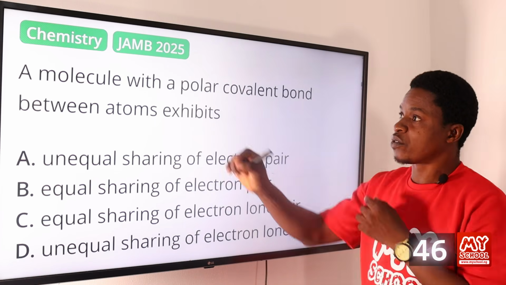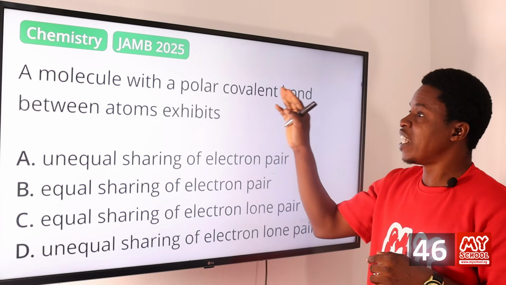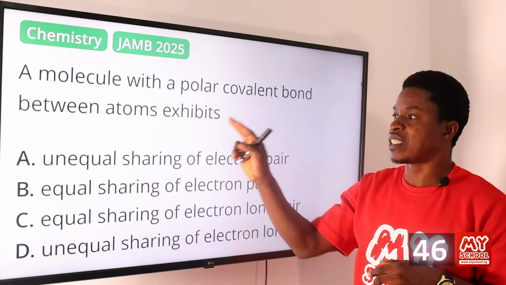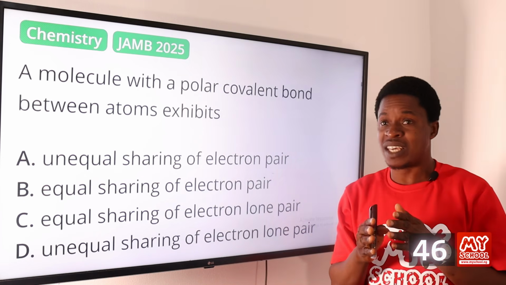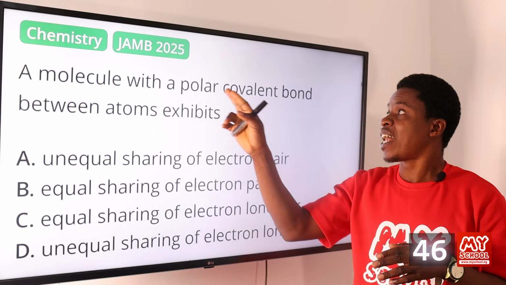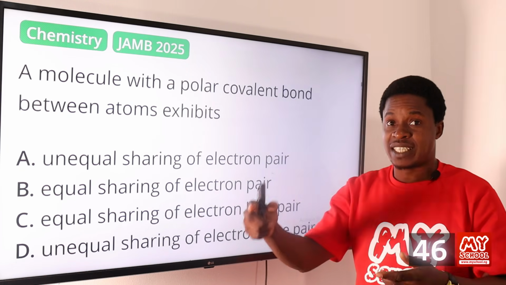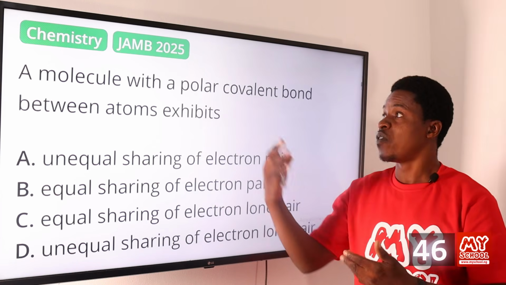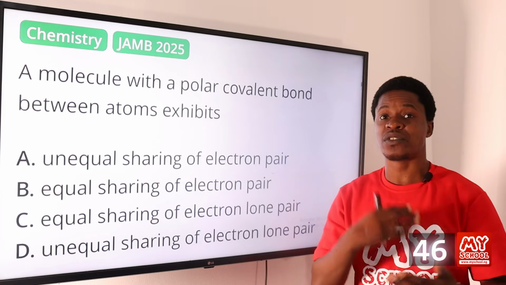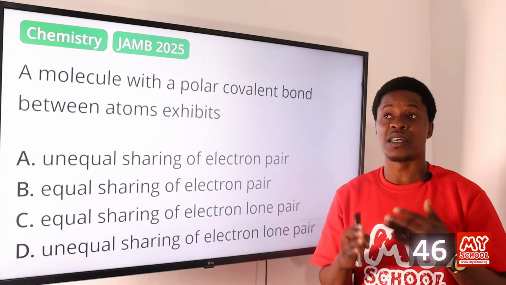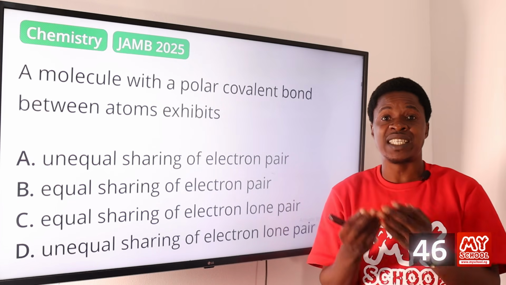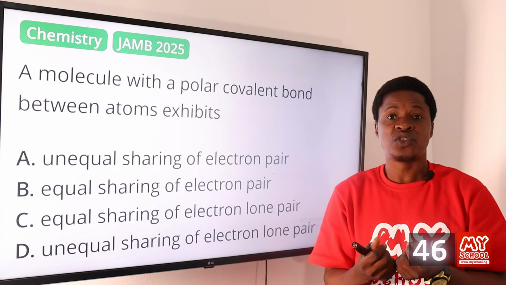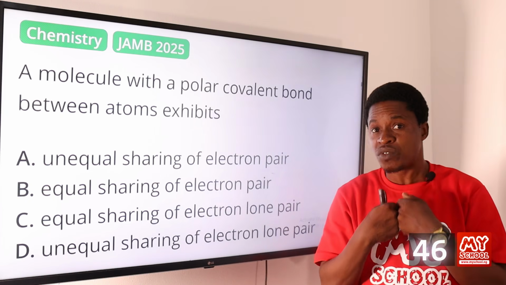When we talk about a molecule with a polar covalent bond between atoms, we need to also understand what electronegativity is. Remember, a polar covalent bond exists between atoms that have significant difference in their electronegativity. And electronegativity is the tendency, the ability of an atom to attract shared electrons to itself.